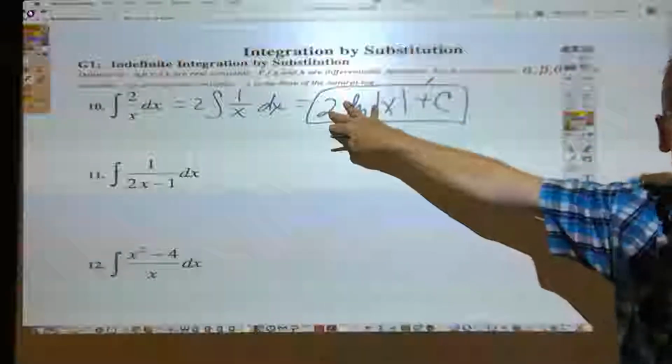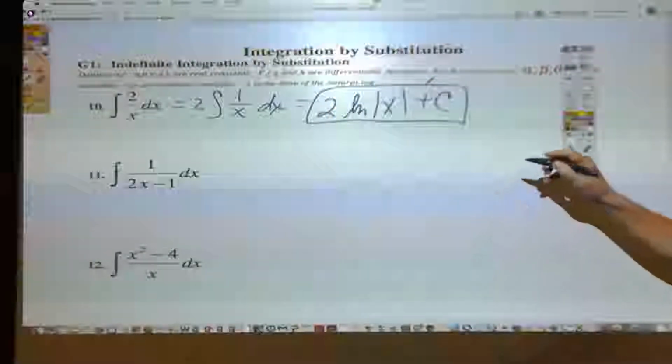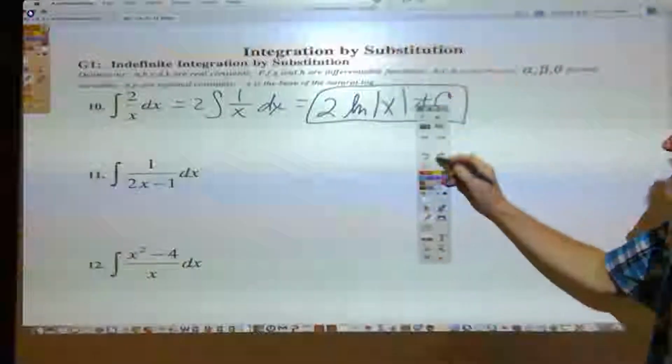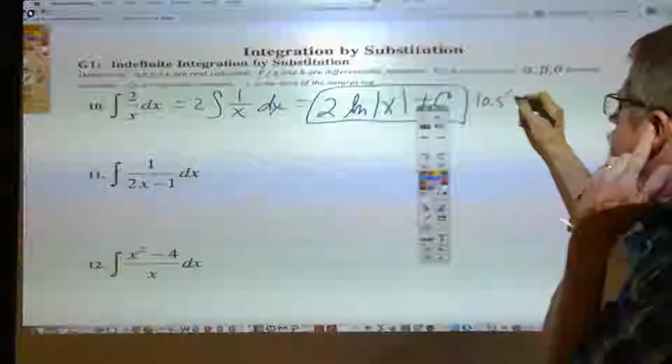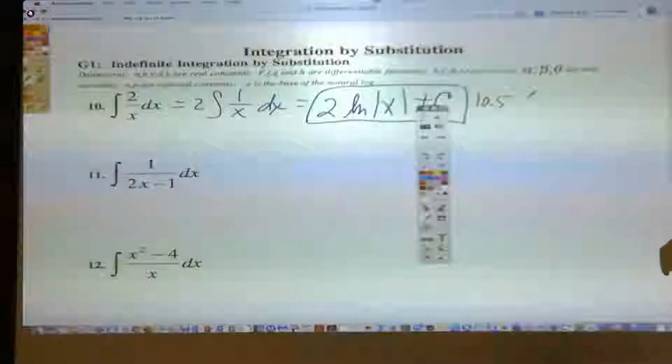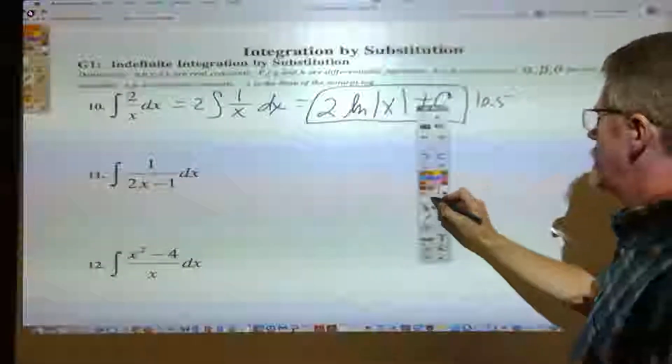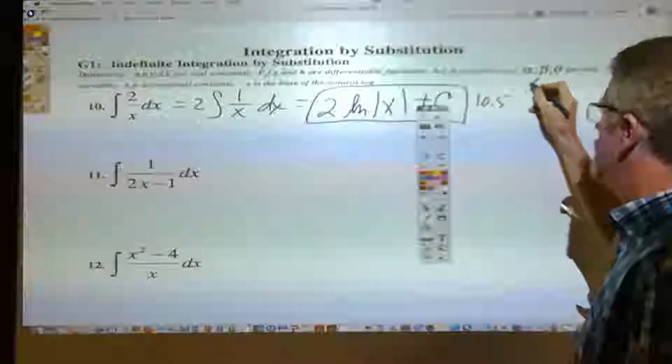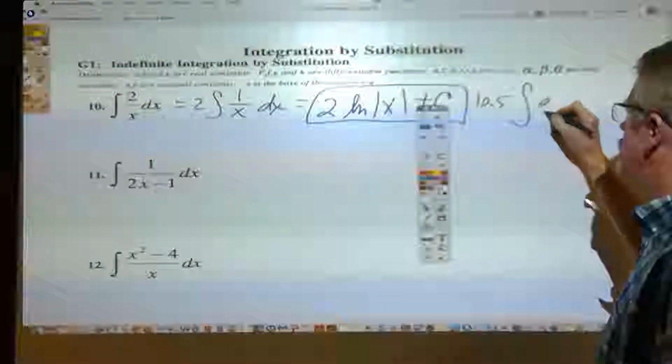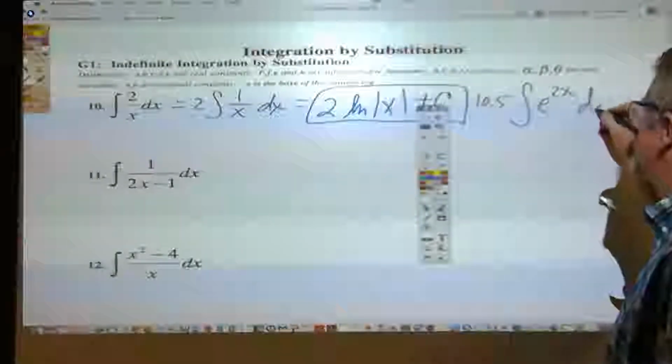Oh, by the way, since this was such a short problem, would you please insert a problem 10.5 into the lesson right here? And this will be a stroll down memory lane: antiderivative of e to the 2x dx.